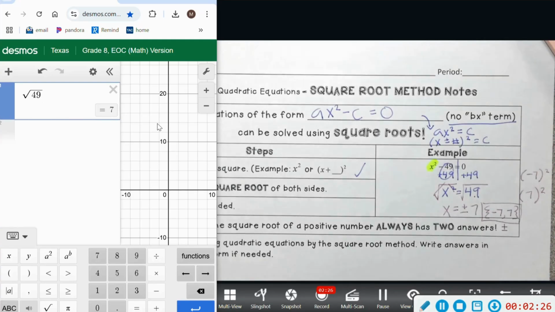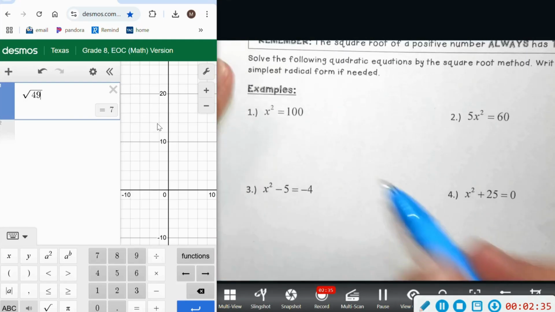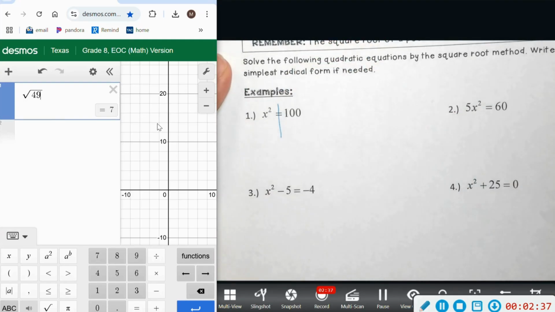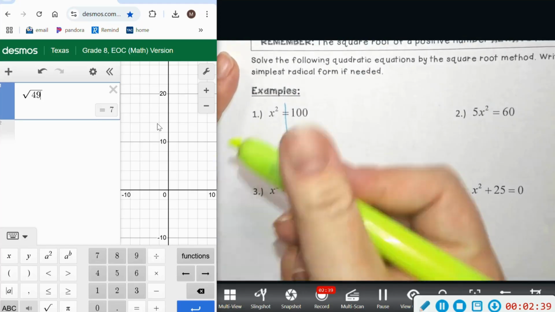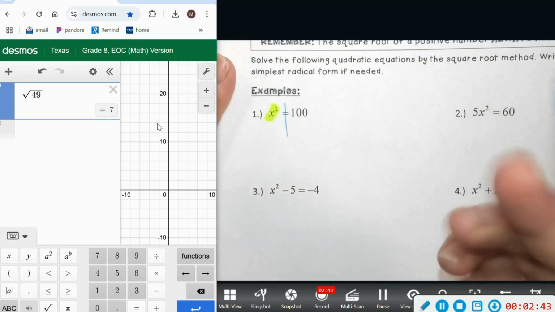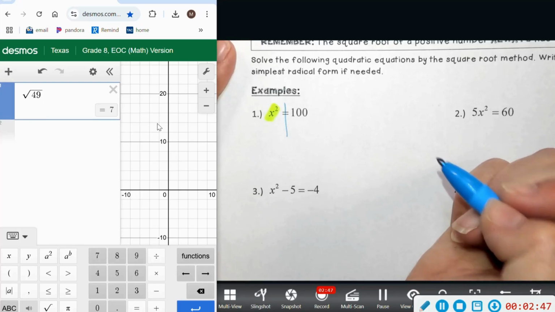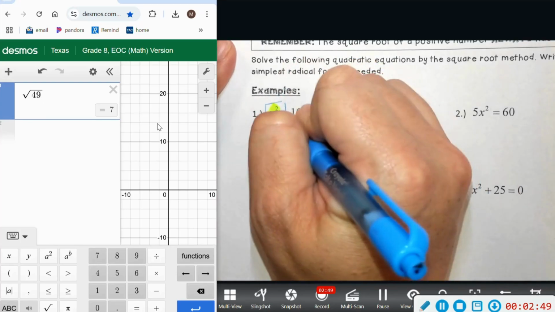Okay, so knowing that, let's look at number 1. Again, is what's squared alone? Yes, what's squared is alone. So when it's alone, what's my second step? Square root both sides.